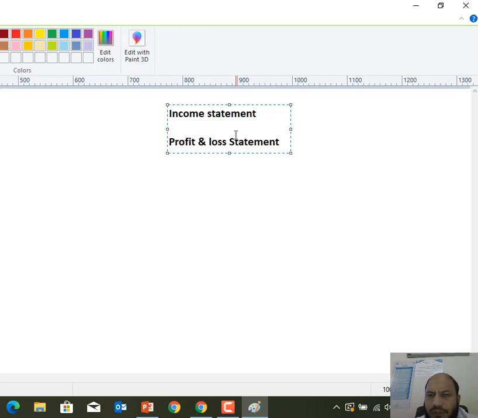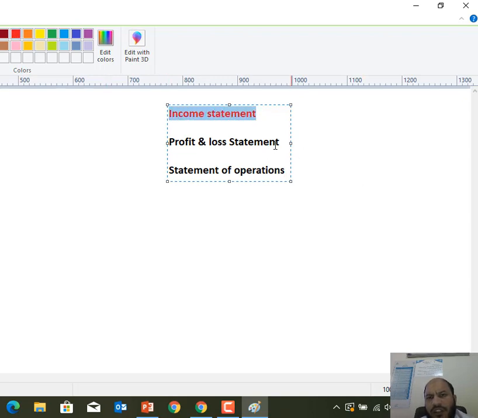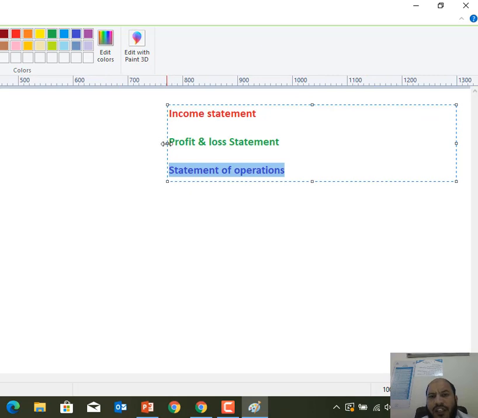It also has another name called statement of operations. So dear students, three different names for one thing: the first name is income statement, the second name is profit and loss statement, and the third name is the statement of operations. So three different names for one thing, we can call it the income statement.